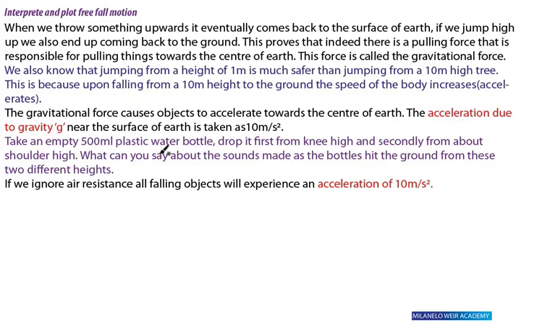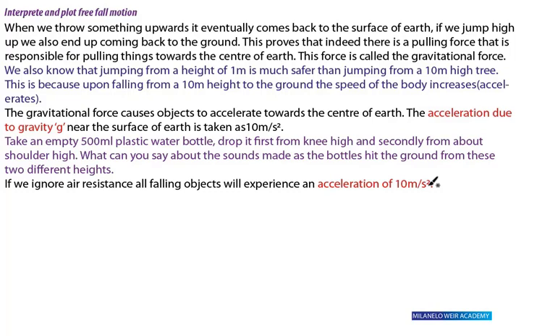You have to be sure that you understand what we are talking about here, right? If we ignore air resistance, all falling objects will experience an acceleration of 10 meters per second squared. So for all our calculations, we are not going to consider air resistance.